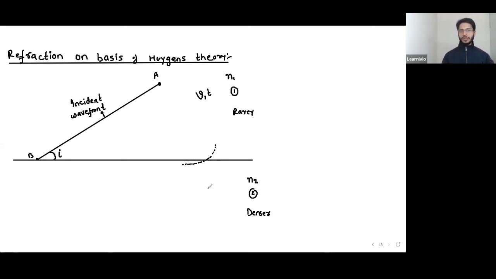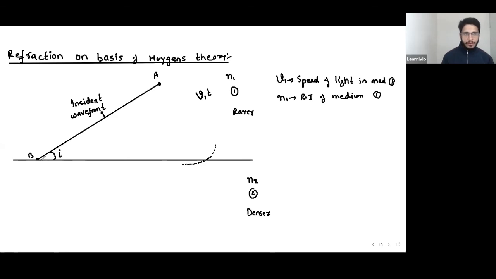Here mediums are changing. So when the medium changes, speed changes. In this medium, speed is V1. So V1 is the speed of light in medium 1. N1 is the refractive index of medium 1.